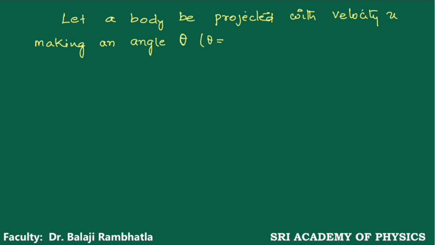So here, what is the condition? Theta is not equal to 90 degrees. With whom is the angle made? With the horizontal axis, right? With the horizontal axis.